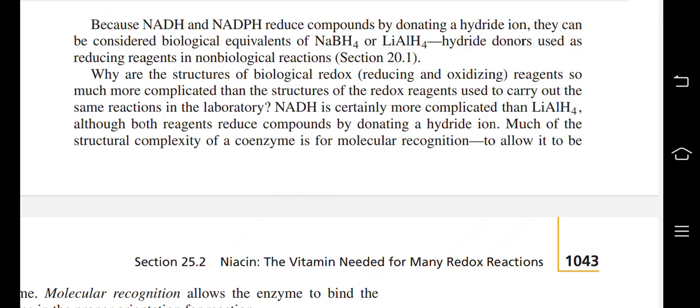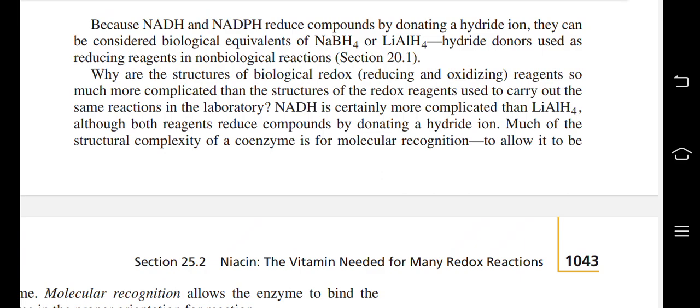Why are the structures of biological redox reagents so much more complicated than the structures of redox reagents used to carry out the same reactions in the laboratory? NADH is certainly more complicated than lithium aluminum hydride, although both reagents reduce compounds by donating a hydride ion.